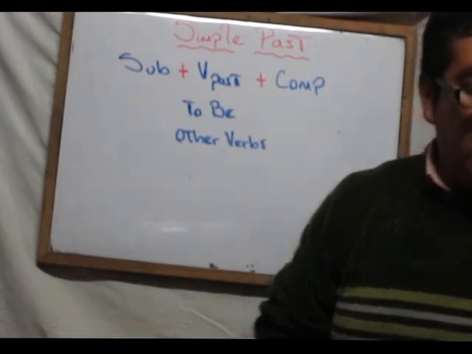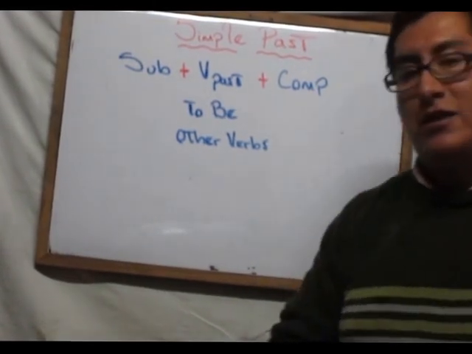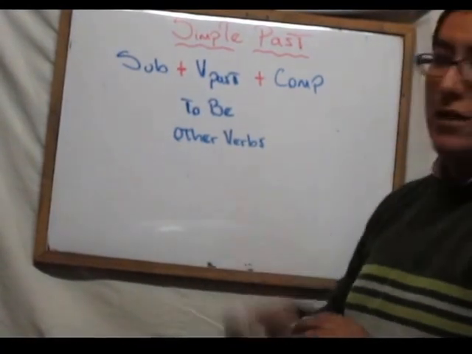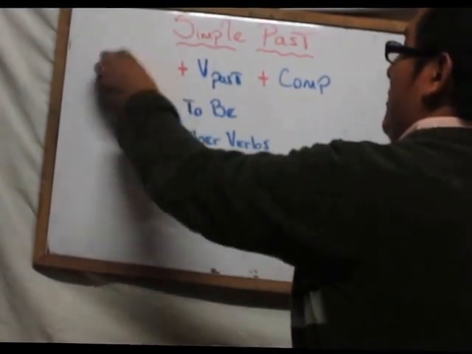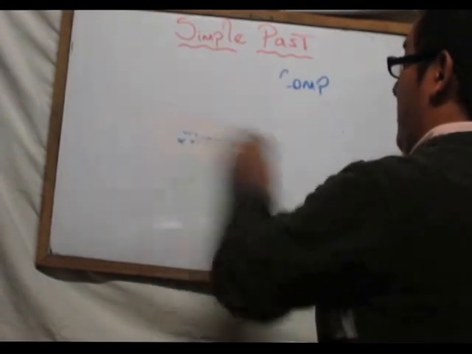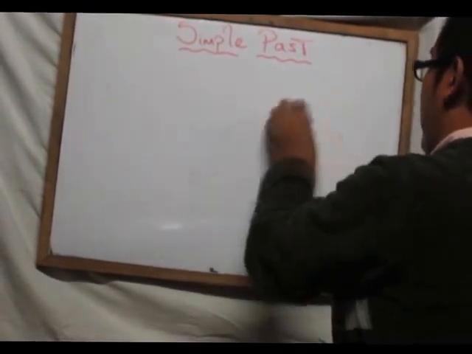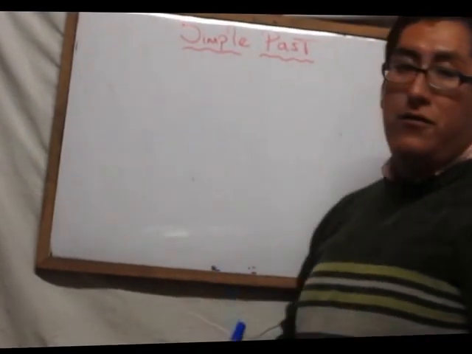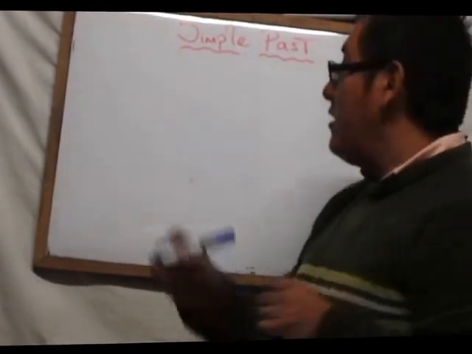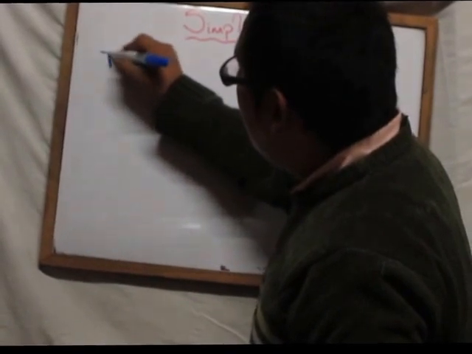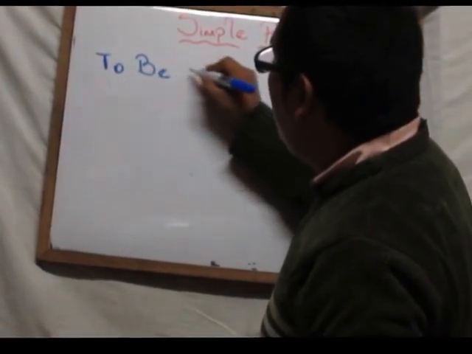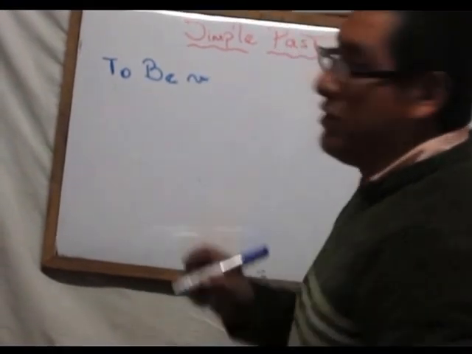Okay, let me give examples to learn better what the simple past is. If you use the verb to be, you use it in two forms.